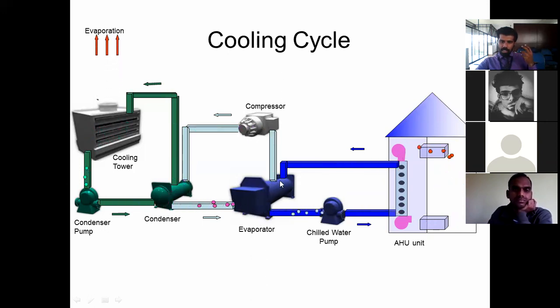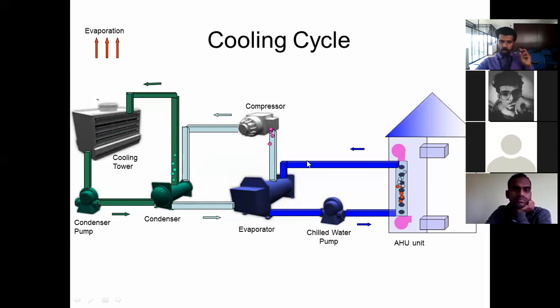How this warm water will be converted to chilled water is by the help of a refrigerant that is flowing through this compressor, this condenser, and this evaporator. This pink, magenta ball is the cold refrigerant, and the refrigerant is circulating like this.